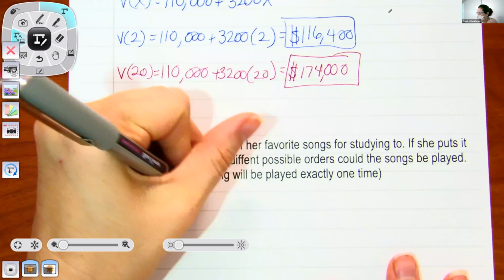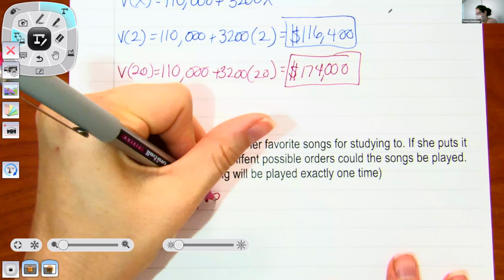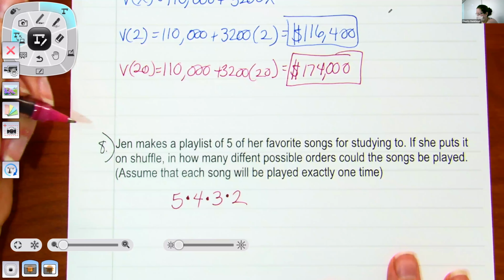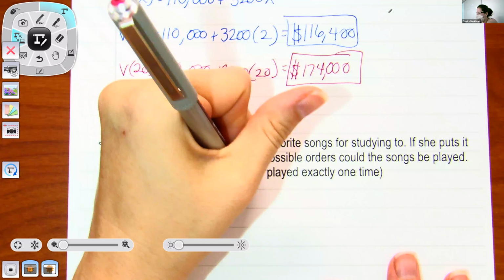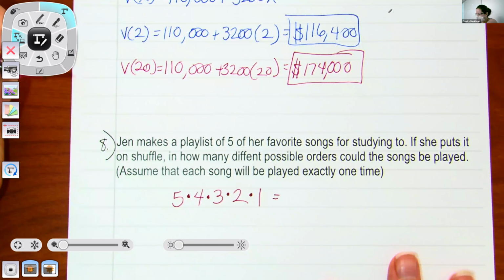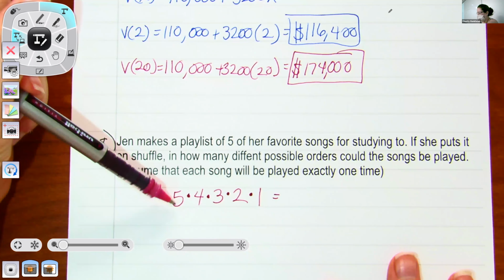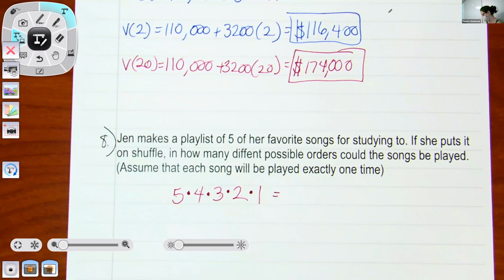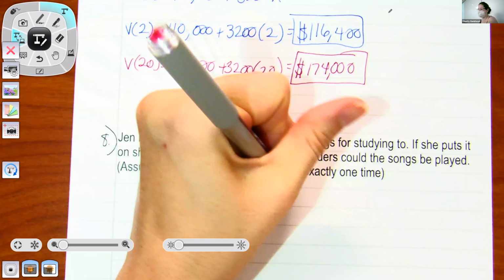And for the next song, there's only 3 possibilities. And then for the next song, there's only 2 possibilities. And then you get down to the last song, that's only 1. So 5 times 4 times 3 times 2 times 1 is the number of possible orders they could be played in. That's 120.